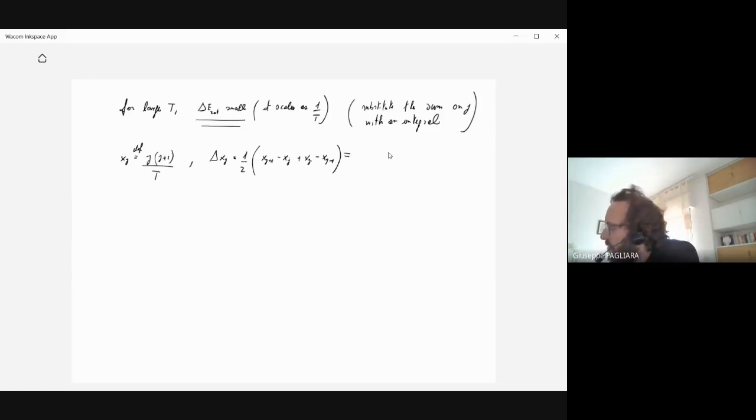Now, by introducing the definition of x_j, this is 1 divided by 2 times the temperature, and then of course this will be removed. So I have j plus 1 times j plus 2 minus x_{j-1}, which is j minus 1 times j, which will be equal to 1 divided by 2 times the temperature.